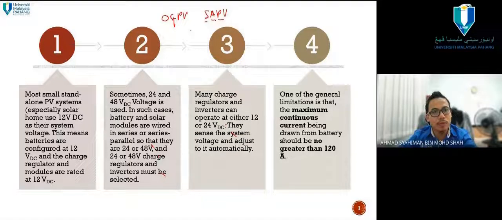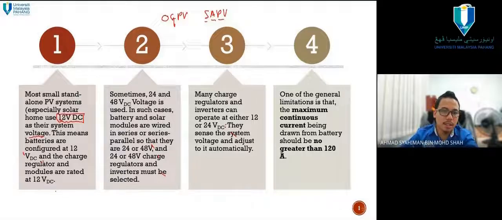So most small standalone PV systems, especially solar home, use 12 volt as the battery voltage. Basically they use the 12 volt DC based battery. This is the system voltage. This means batteries are configured at 12 VDC and the charge regulator and inverter are rated at 12 volt DC.